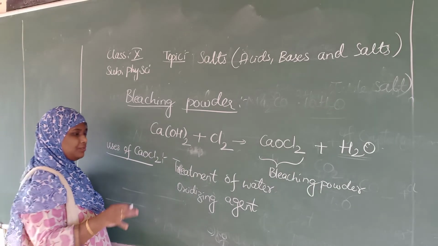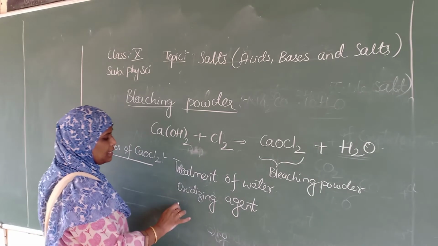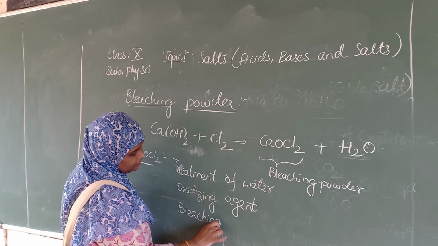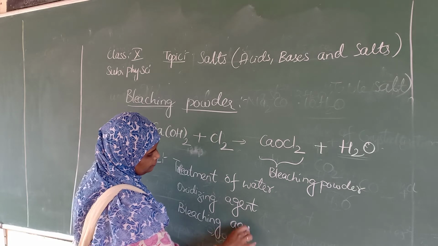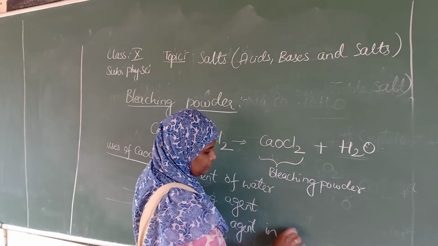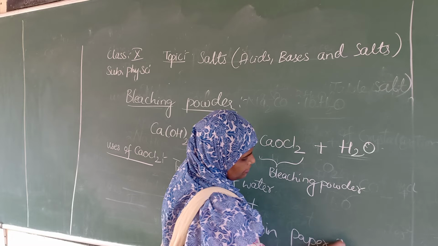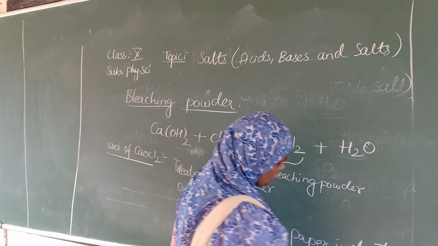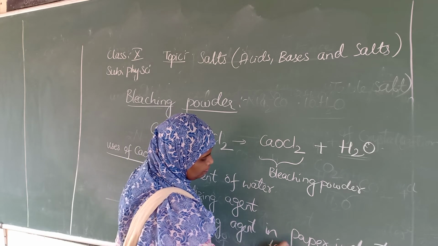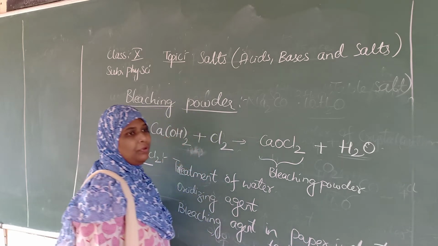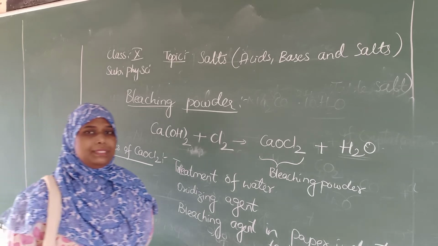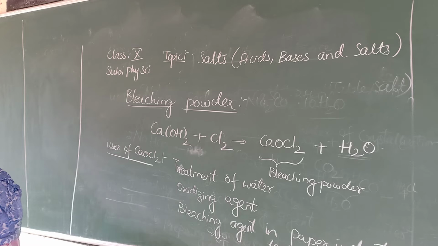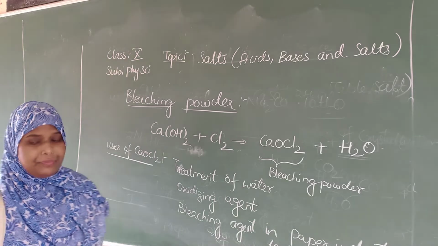As well as it is used as a bleaching agent in the paper industry, as well as in the textile industry. So in order to bleach the paper as well as the textiles, we will be using the bleaching powder. Okay, these are the important uses of bleaching powder.